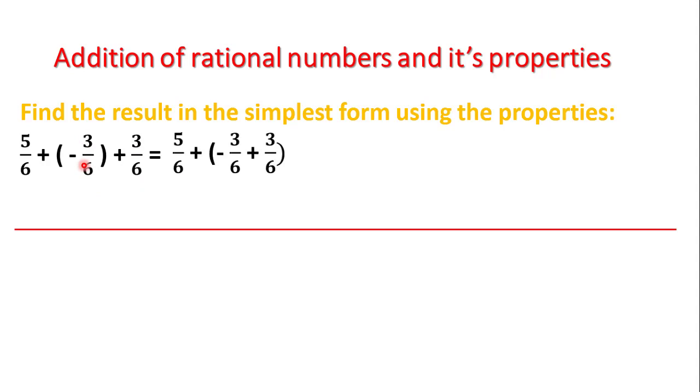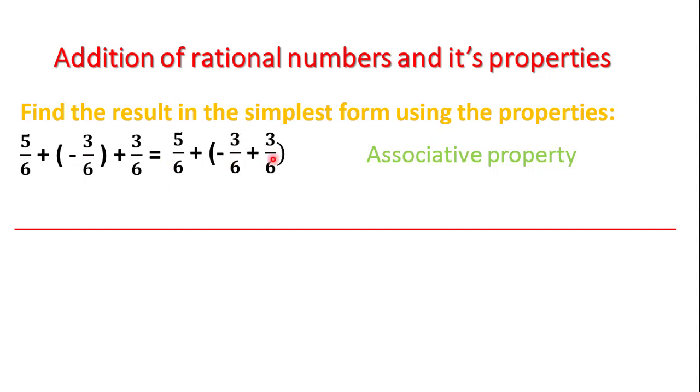So I'll start with adding the two numbers here, 3 over 6 plus negative 3 over 6. The property I used here is associative property. I'll start with the second and third number.